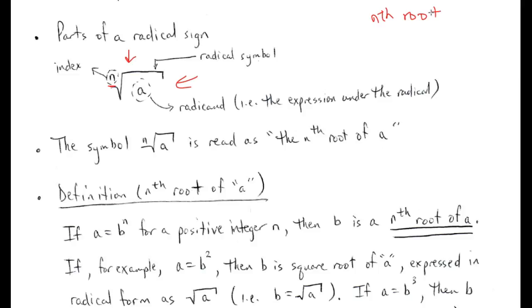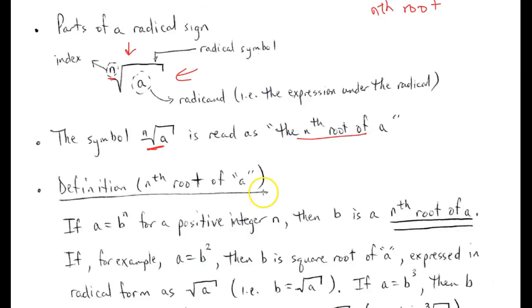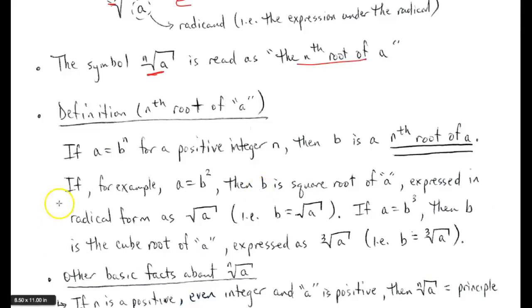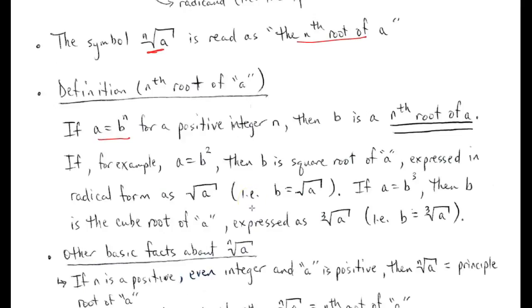We know that the symbol nth root of a is read as this, and so now for our definitions, if we have some expression a equaling b raised to the power of n, then we know that b is what is called the nth root of a. I was trying to explain that earlier in the video. For example, if a is equal to b squared, then we know that b is the square root of a.